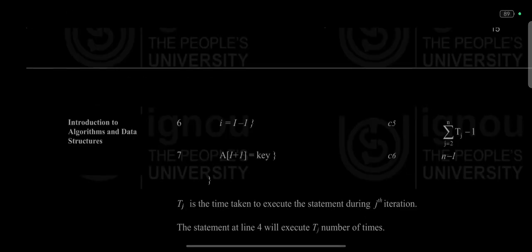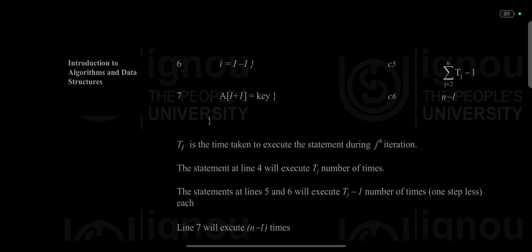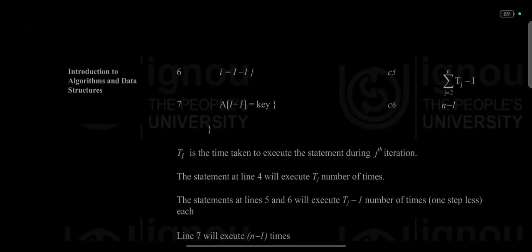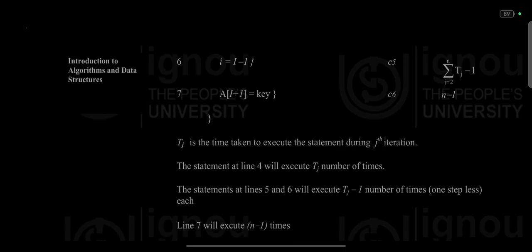Then comes line 6: i = i minus 1, c5, and please tell me in the comment section. And line 7: A[i plus 1] = key, c6, n minus 1.